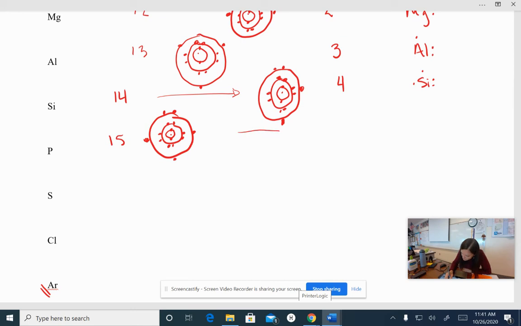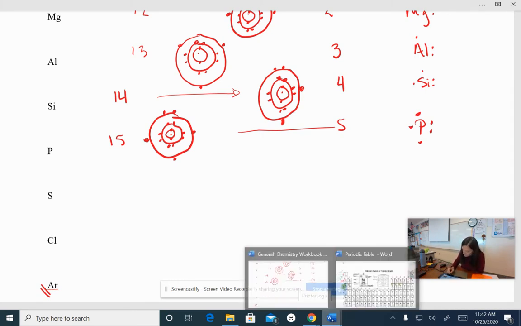So that's going to give us 5 valence electrons. So phosphorus will have 1, 2, 3, 4, 5 electrons on its dot picture.